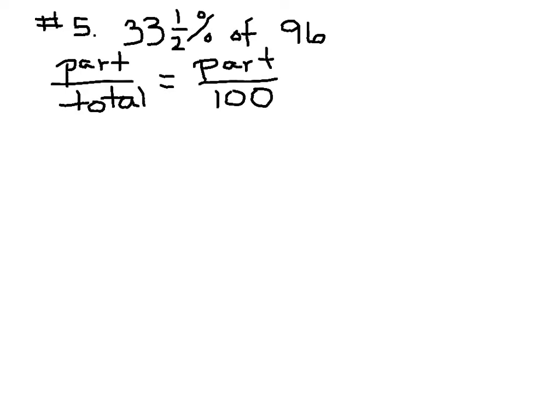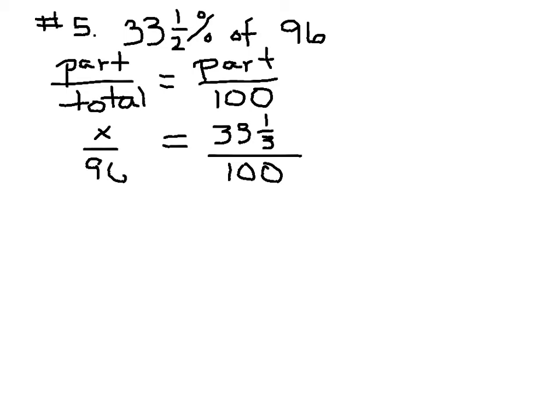In this case, I have the percent, so I know that I have 33 and a third, sorry, that should have been a 3, out of 100 is equal to, well, I don't know the part that I have out of a total of 96.